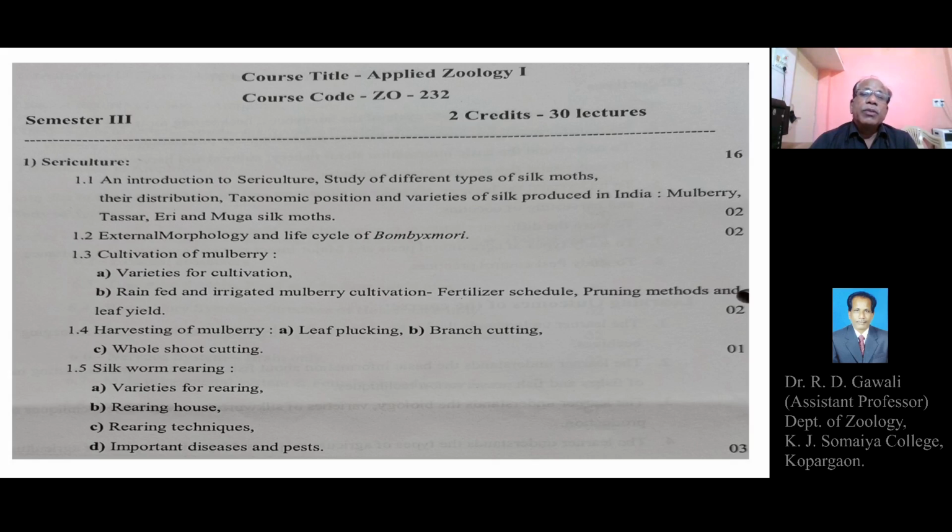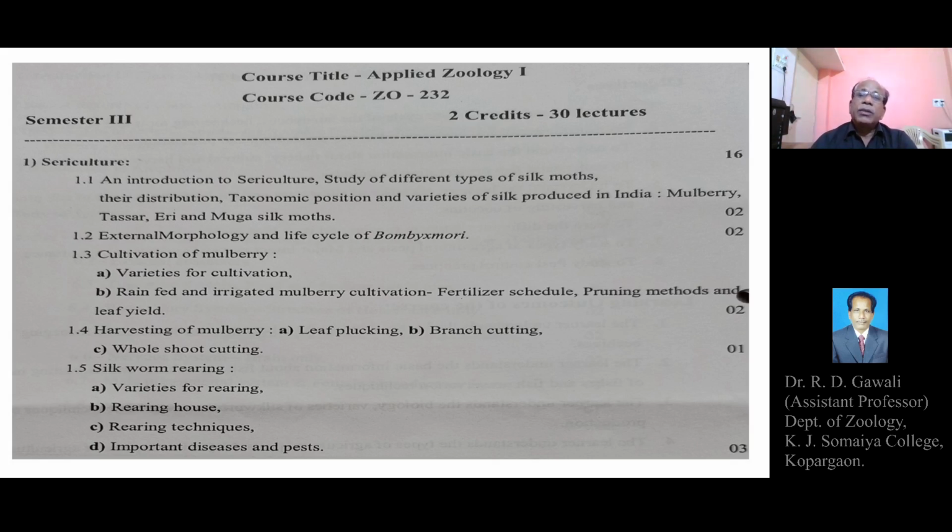So, Bombyx mori or the silk moth Bombyx mori is a popular and widely accepted, widely grown silk moth species in India as well as abroad.